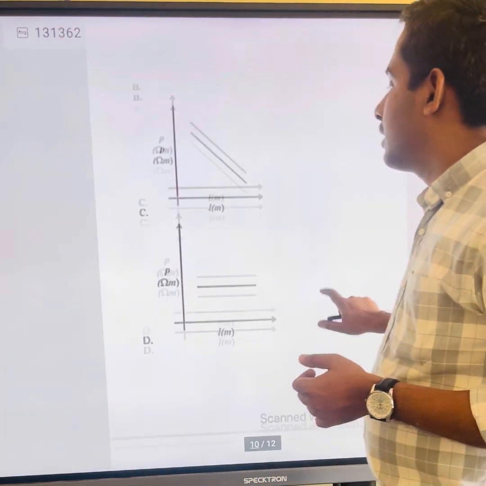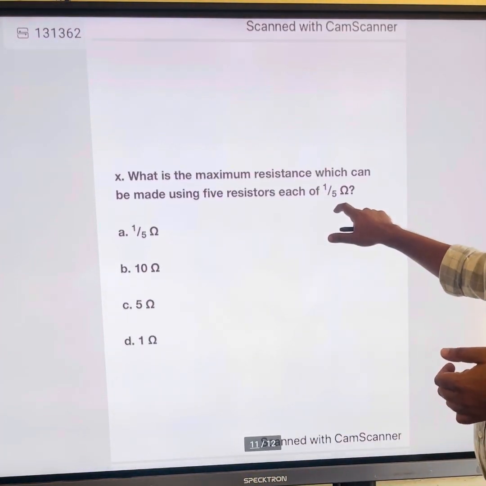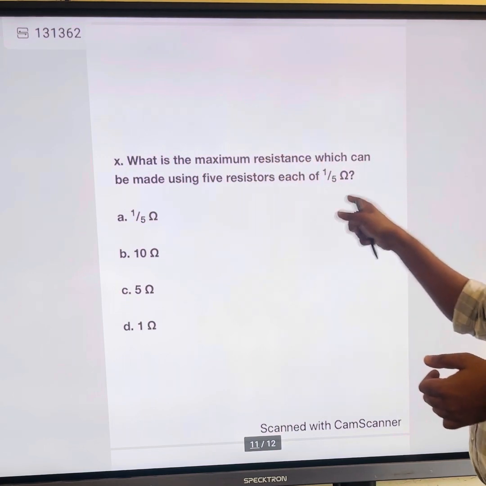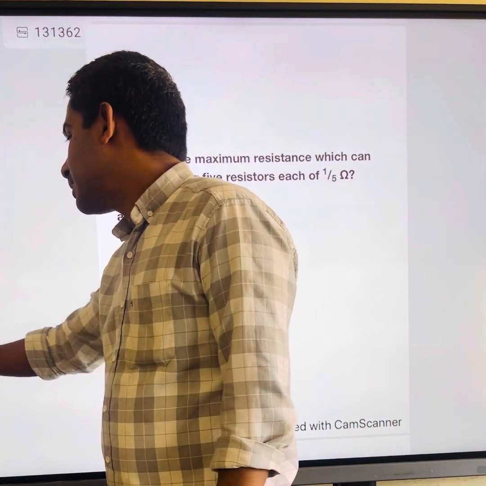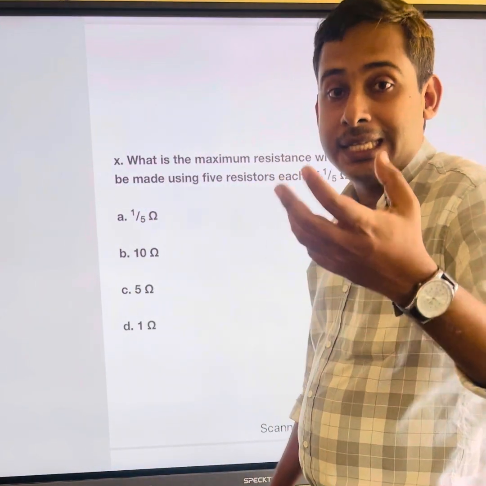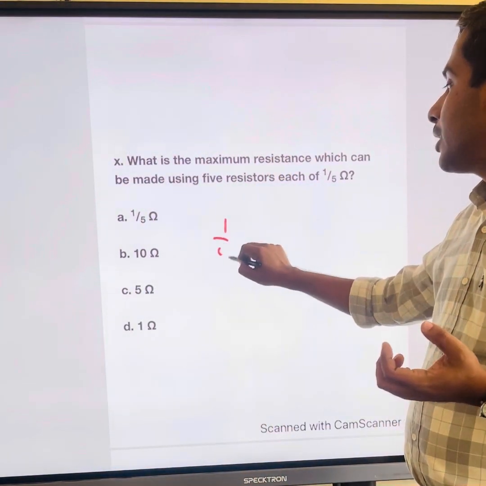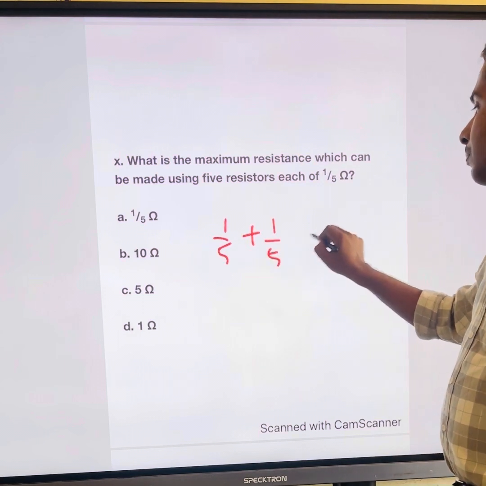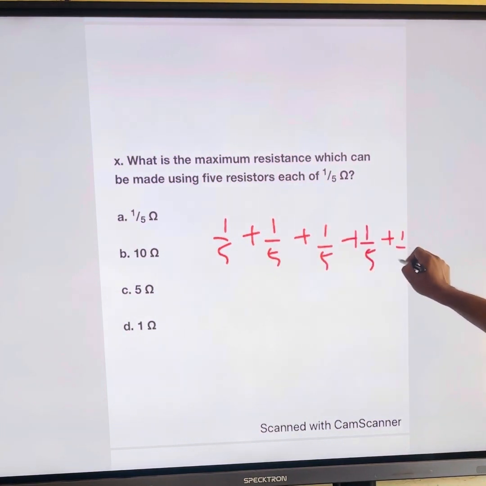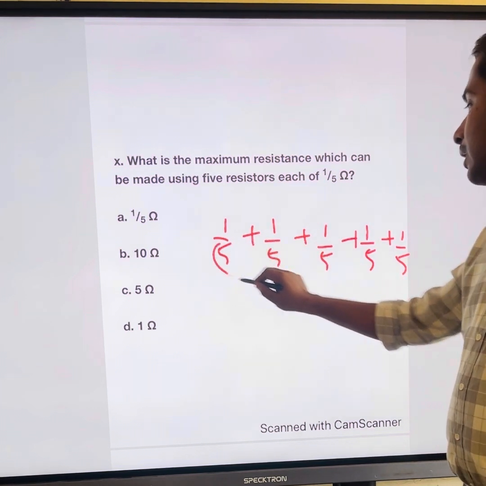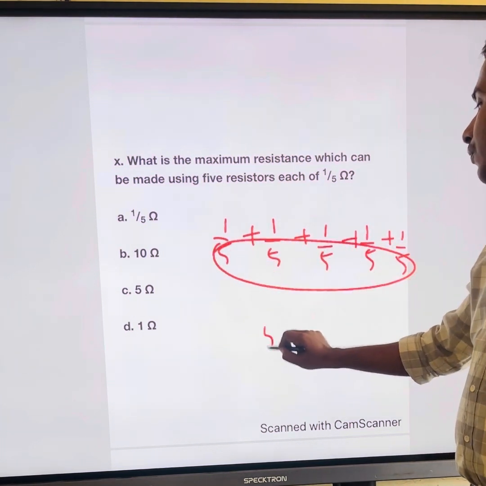Here you can see, what is the maximum resistance that can be obtained using 5 resistors each of 1 by 5 ohm? Maximum resistance means always we have to keep in mind series mode. That means 1 by 5 plus 1 by 5 plus 1 by 5 plus 1 by 5 plus 1 by 5. Here the denominators are all the same, 5.